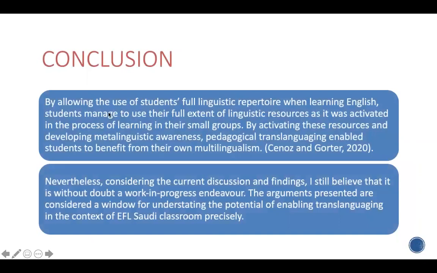Just a concluding takeaway message is that by allowing the use of students' full linguistic repertoire when learning English, students manage to use their full extent of linguistic resources as it was activated in the process of learning in their small groups. By activating these resources and developing their metalinguistic awareness, which is critical in learning, pedagogic translanguaging enabled them to benefit from their own multilingualism.